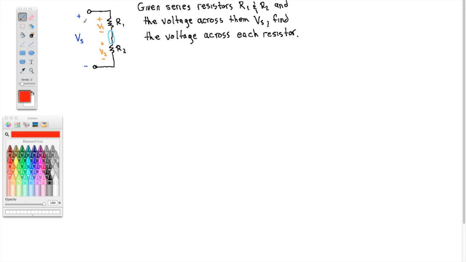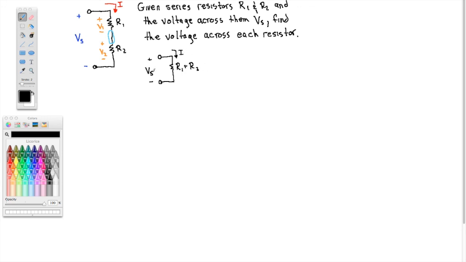So, if there's a voltage source across that combination, then there's a current flowing, I. Okay, and we can use now our result from the previous screen, and we can say, well, if I connect a resistor R1 plus R2 to the same voltage source, Vs, then I get the same current.